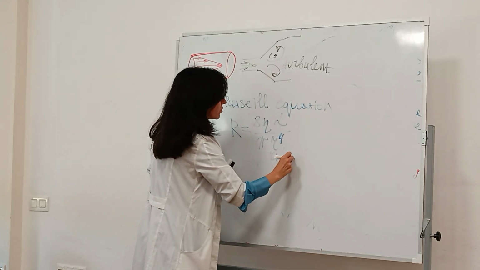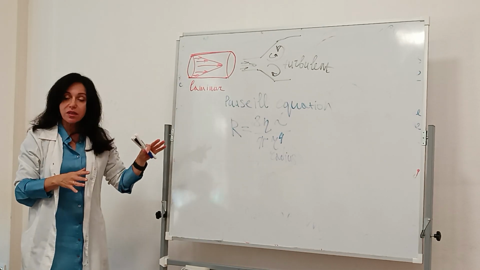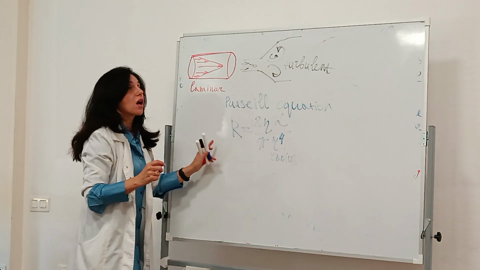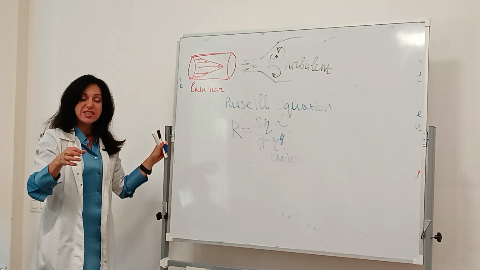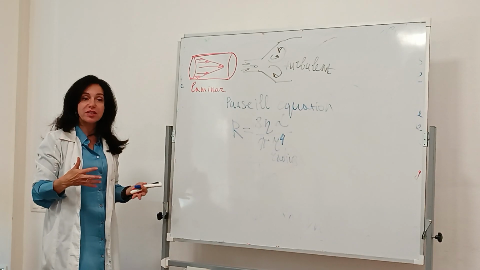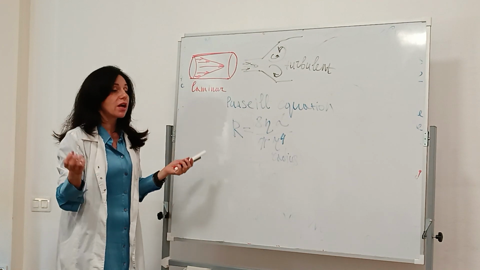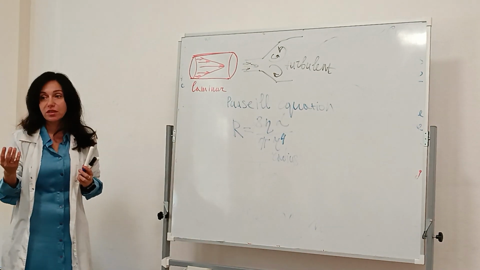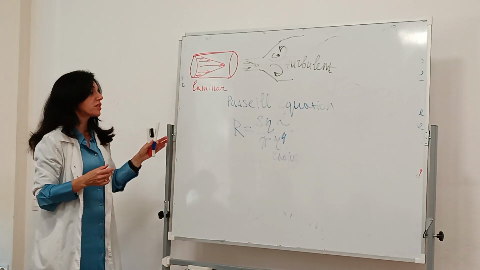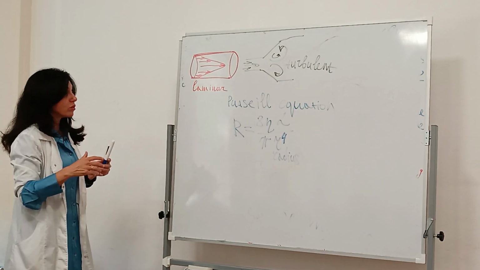This equation has limited application in hemodynamics because it works for a rigid, stable tube with continuous diameter and just laminar flow. But our blood vessels can change diameter, constriction, dilation, due to transmural pressure and regulatory influence. Sometimes there is turbulent blood flow in a blood vessel.